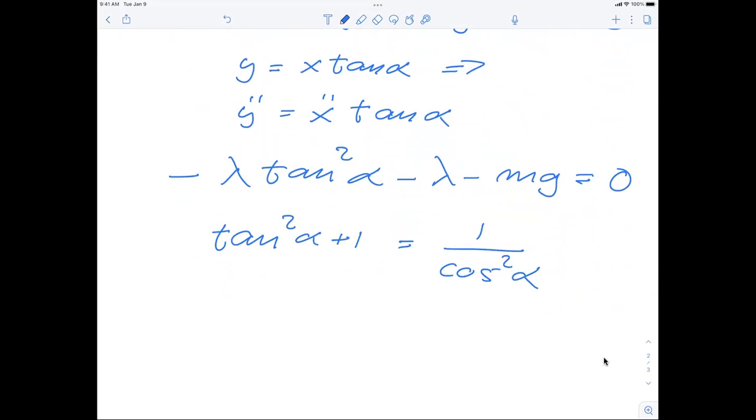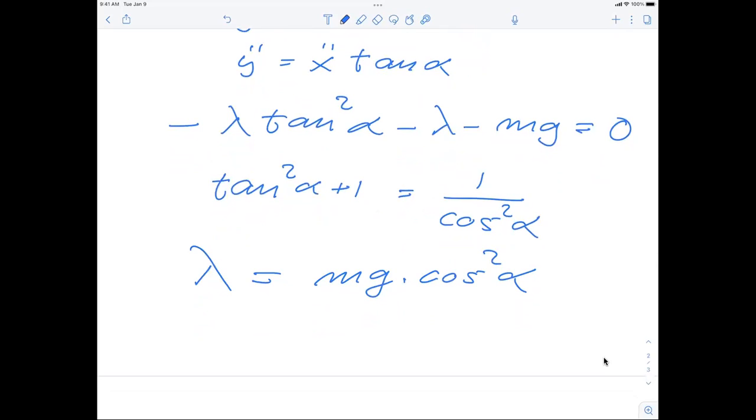If I use that, then I can take the equation which we have here, which now contains tan alpha squared plus 1, multiplied with minus lambda. What we get then, if we now remove things to the other side, is that lambda becomes, if I do the algebra, m times g times cosine squared alpha.